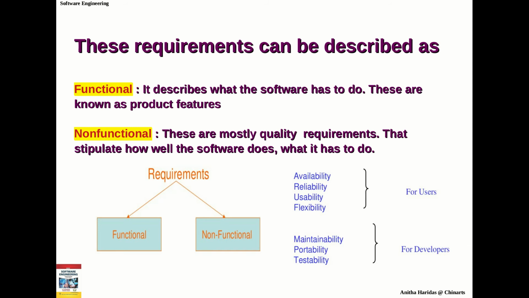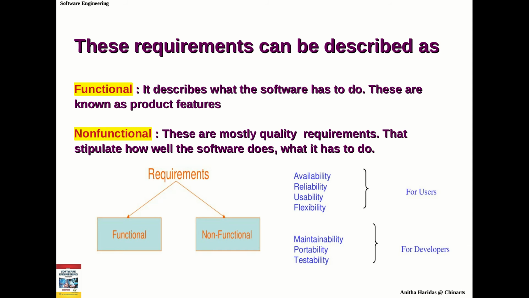So if your application gives a very appealing user interface which can be easily understood by the end user, then it becomes a non-functional requirement because it improves the quality of the user interface. Or response time.